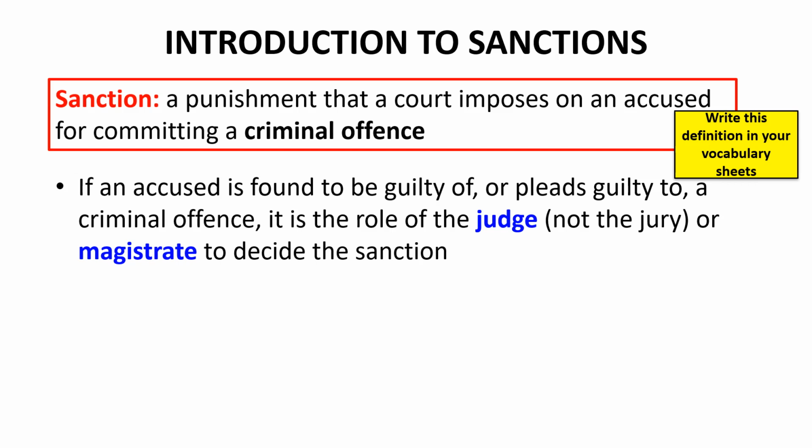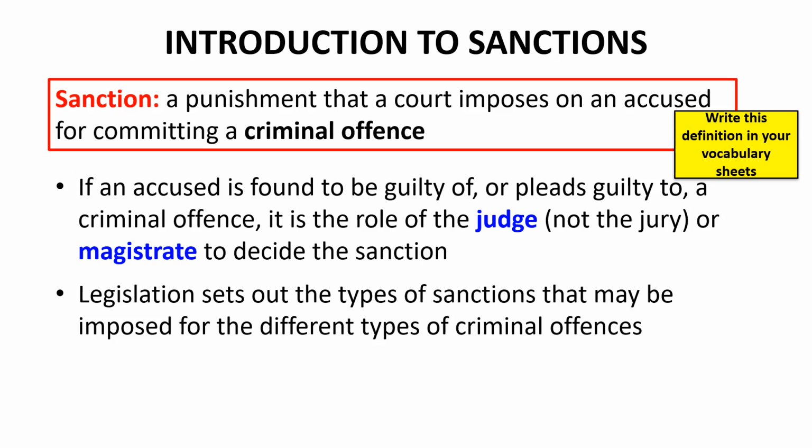If the accused has been charged with a summary offence, then there is no need for the magistrate to determine whether the accused is guilty or not, because the accused has pleaded guilty. In that case, the accused will proceed straight to a sentencing hearing, and the magistrate will decide on the sanction that is to be imposed on the accused.